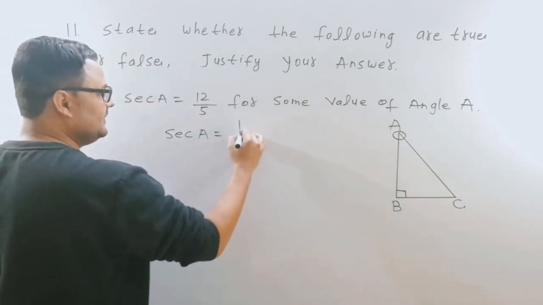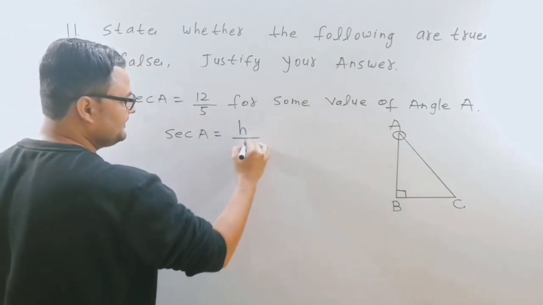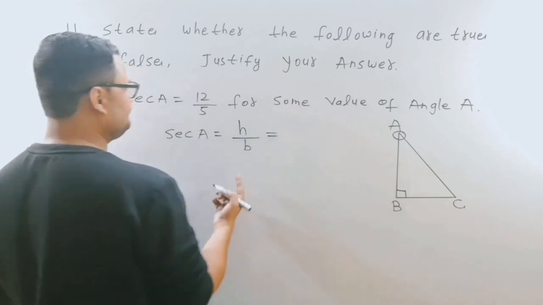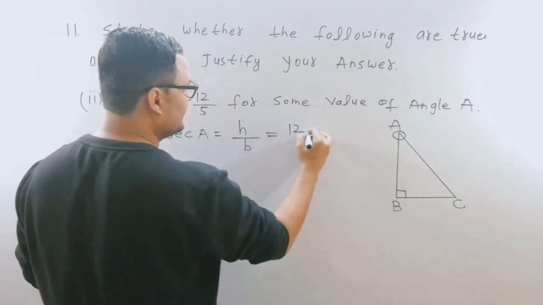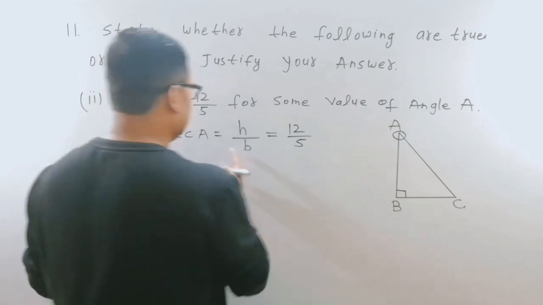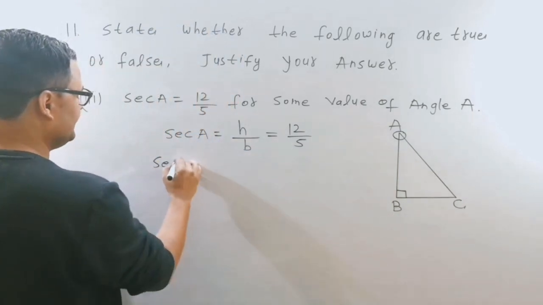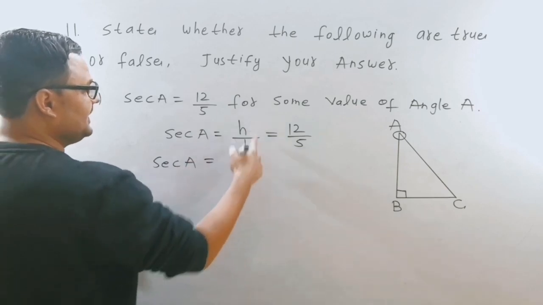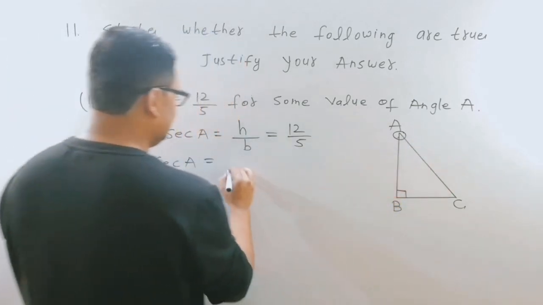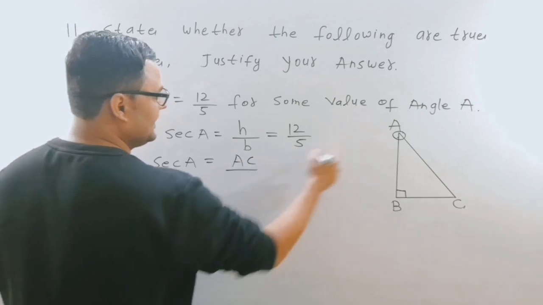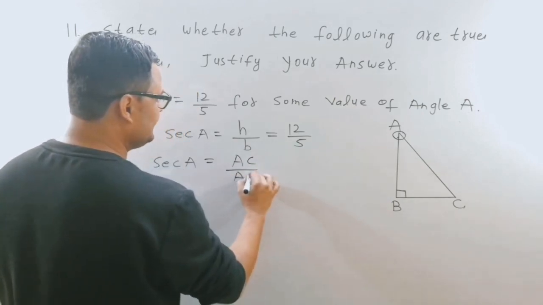So sec A is equal to hypotenuse by base. It's given as 12 by 5. So for sec A, if I write one more step, the hypotenuse for this angle is AC and the base is AB, so AC by AB.